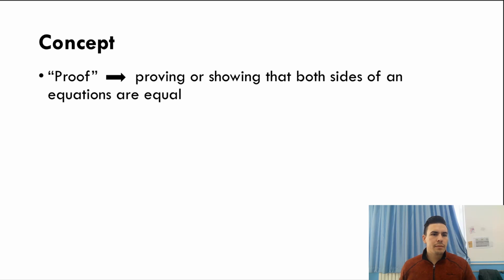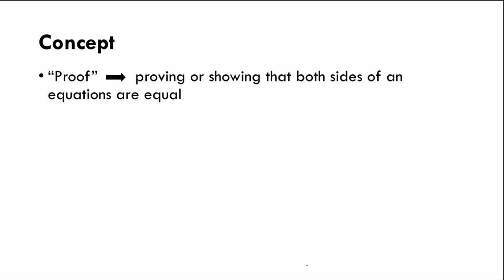The concept for today is that we're really working with proofs. You guys have done this before. We're really just proving or showing that both sides of an equation are equal, and we're going to rely really heavily on previous identities from previous lessons.